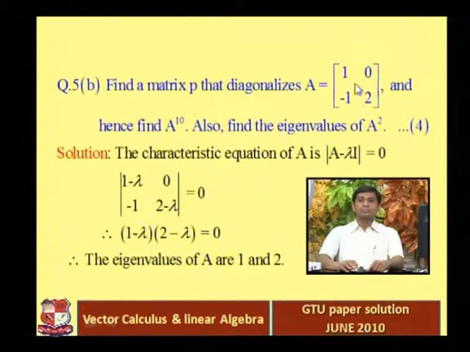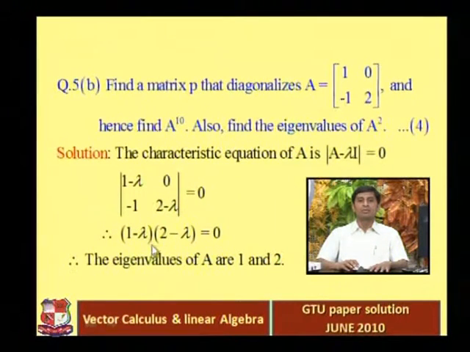The determinant of A minus lambda I can be written as 1 minus lambda, 2 minus lambda, with the other entries the same, 0 and minus 1; you just add minus lambda on the main diagonal.